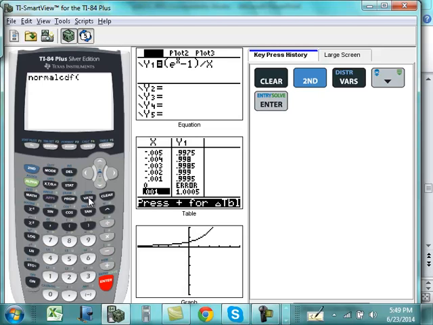Now we want to put in two numbers right now. We want to put in a left endpoint and a right endpoint. Now if we want to go from negative infinity, well, we don't have an infinity button for the calculator here.